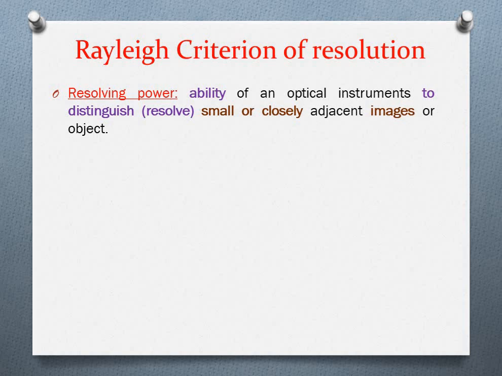So you might think it's a single star, but if you watch it through a high resolution telescope, you will find that it is not a single star, there is a cluster of stars. That's how we can think about resolving.